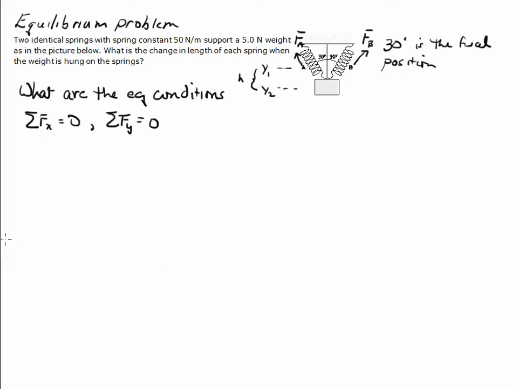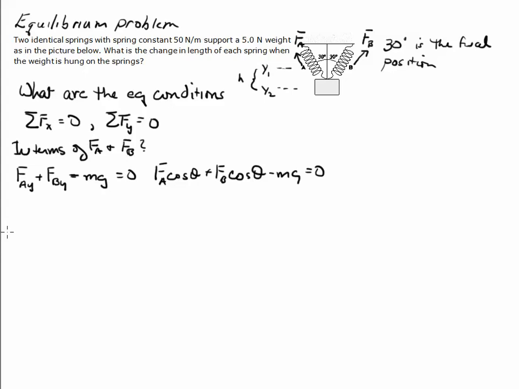I show the tension forces from each spring supporting the mass. The tension for the A spring is denoted F sub A, and for B, F sub B. Now let's write the equilibrium condition in terms of F sub A and F sub B, the force of tension in A and the force of tension in B.